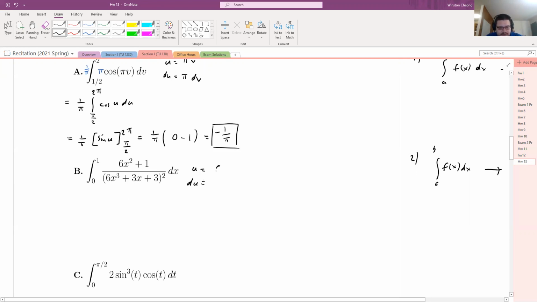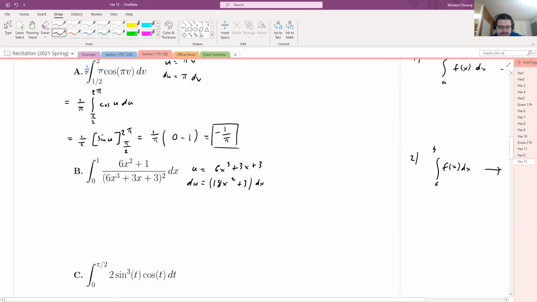Instead, you need it to be the thing inside of the square, not including the square. If you include the square, it becomes a huge mess. So instead, you take the derivative of this and you get something that is related to the numerator. In that way, we can end up absorbing the numerator.